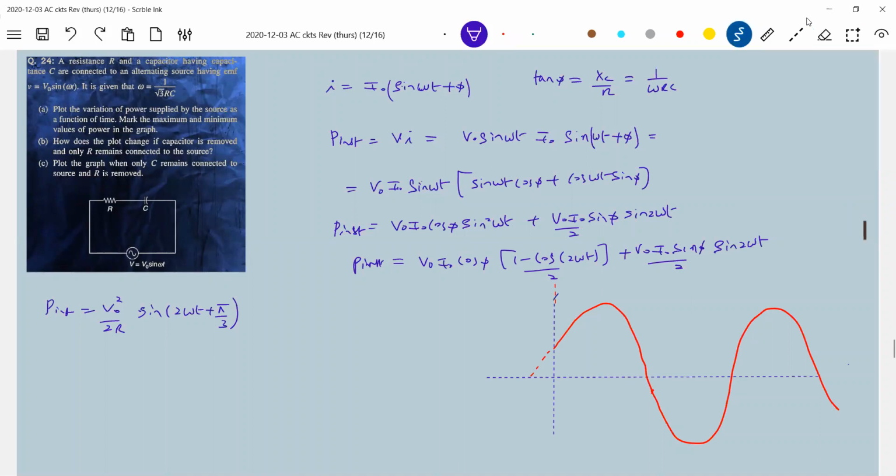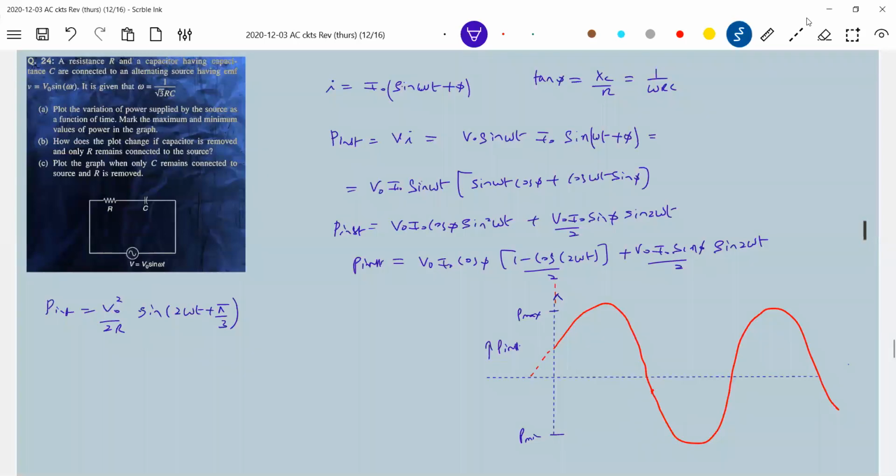Okay, we'll take like this. So I think this is the maximum power. This is the minimum power. Maximum value, can we calculate?